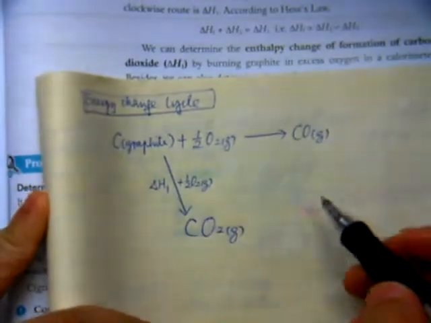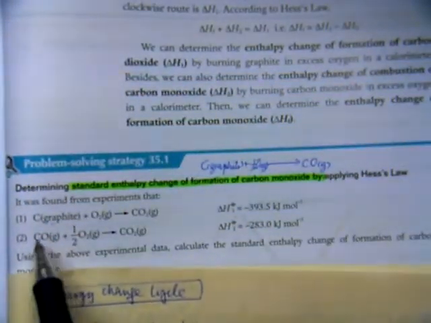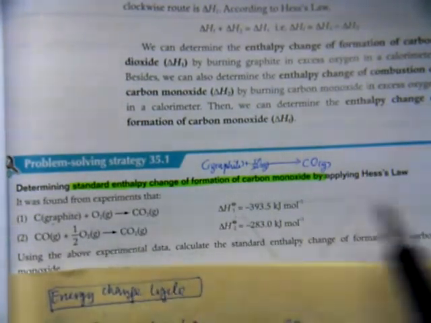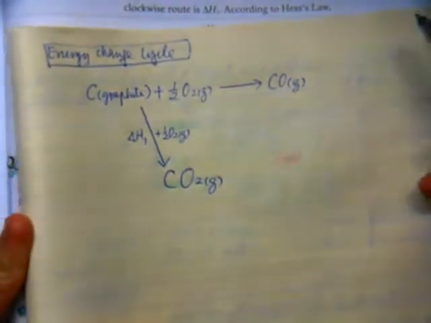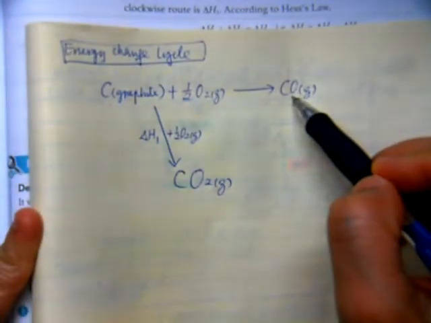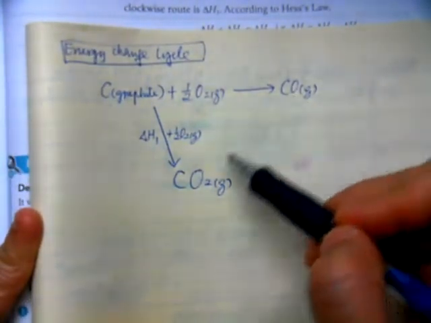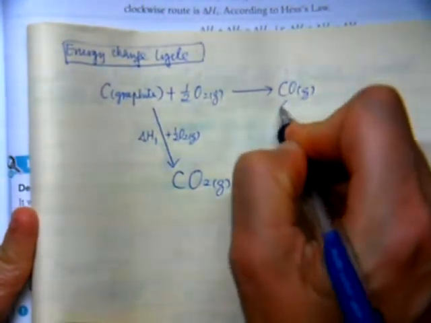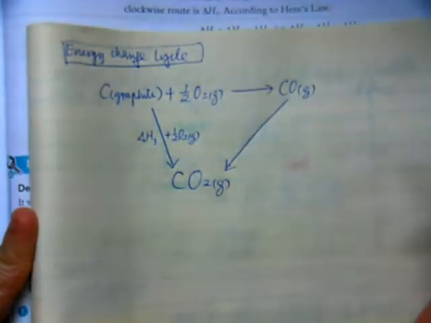This is delta H1. And then delta H2, look at delta H2. We have carbon monoxide react with half O2 to form carbon dioxide. Look at your cycle. Here we have carbon monoxide, which is the reactant. And then here is the product. So we lay these two together by drawing an arrow.